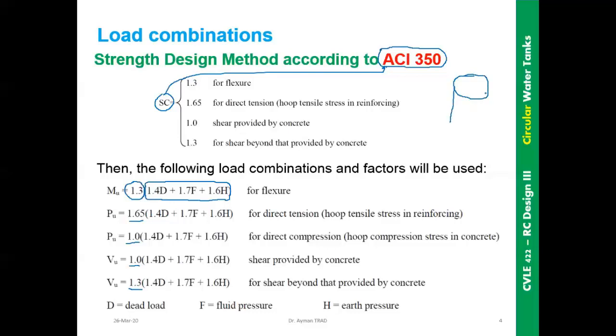Here I have the ground level. If the circular tank is underground, we will not study the case of soil pressure from outside to inside. Why? Because, as you see, in this case we would have a sanitary coefficient equal to 1.